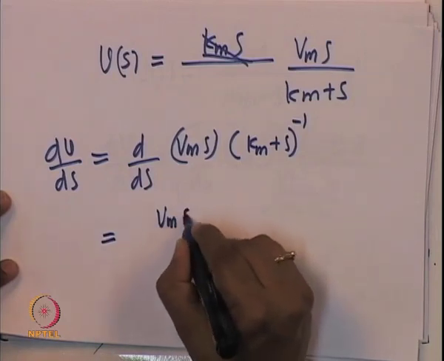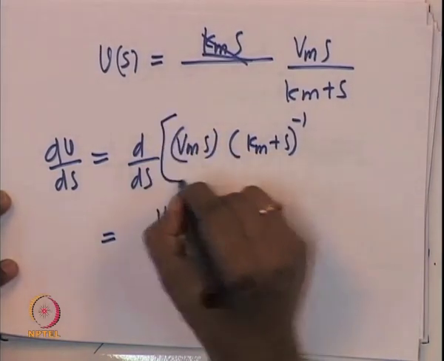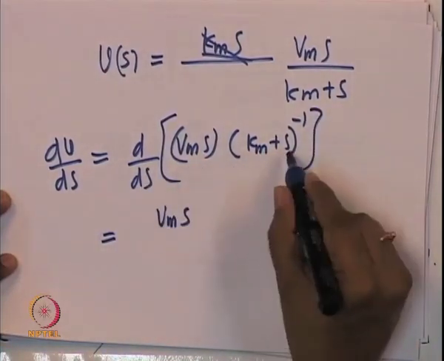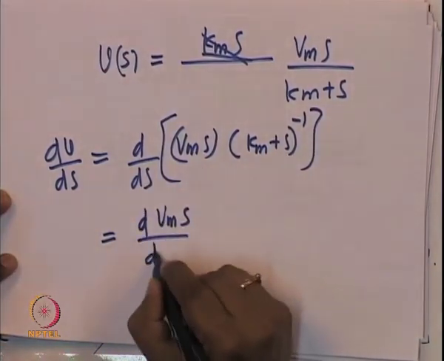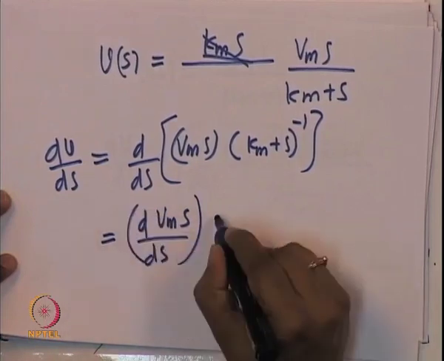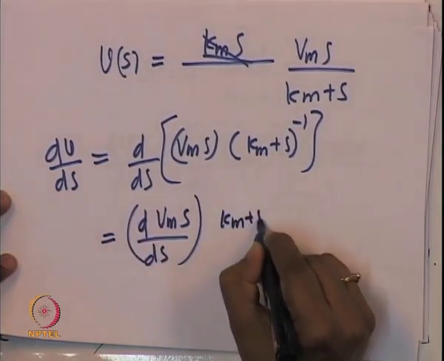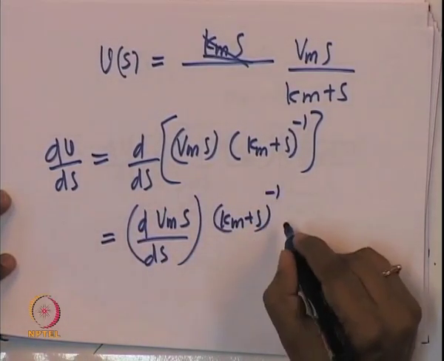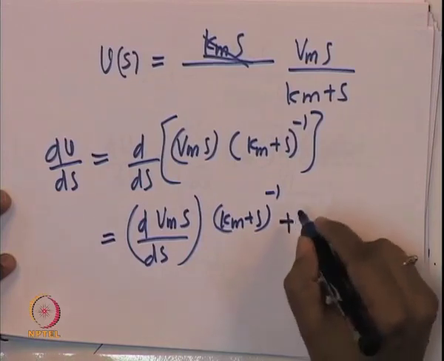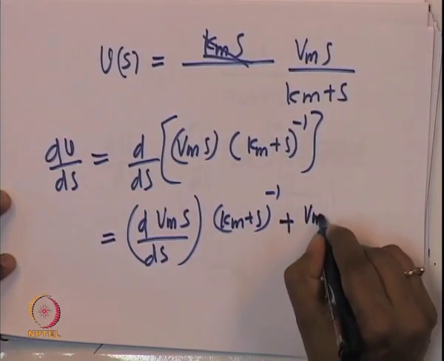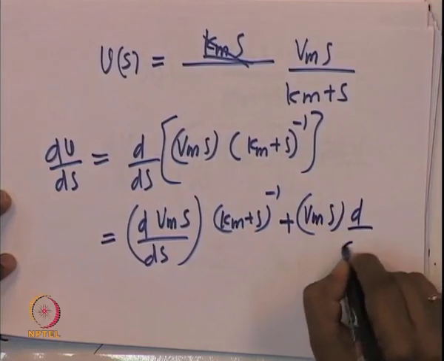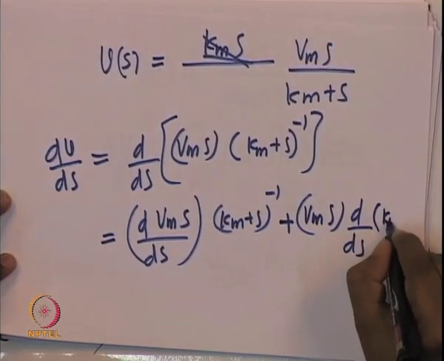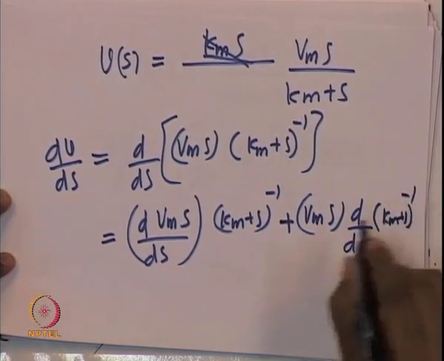So, now let us find the derivative of this whole thing, which is basically the derivative of this into Km plus S whole power minus 1, plus VmS into the derivative of Km plus S whole power minus 1.